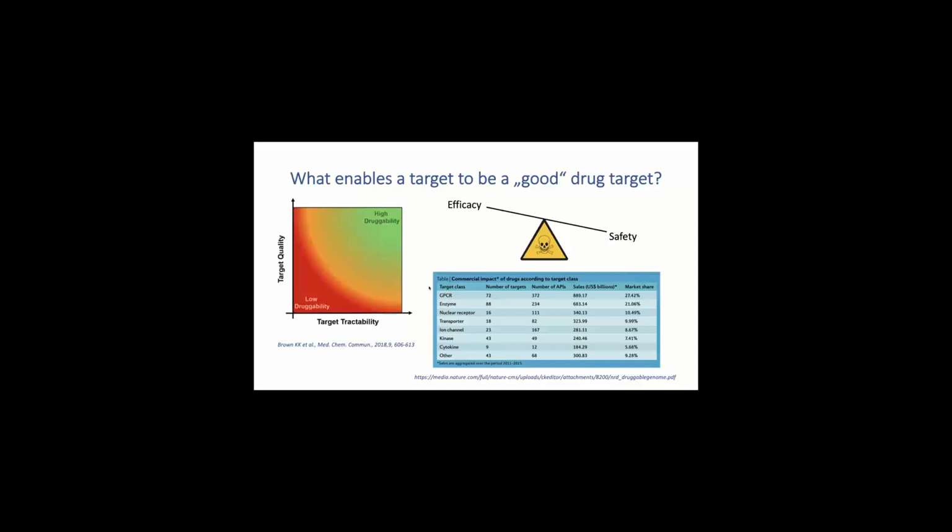Quite obvious factors are things like the quality of a target. So really, what is the level of confidence that the modulation of a target will translate to a disease-modifying effect? That's target quality. Another thing might be tractability, also called ligandability. So the likelihood of identifying modulators that interact effectively with the target.